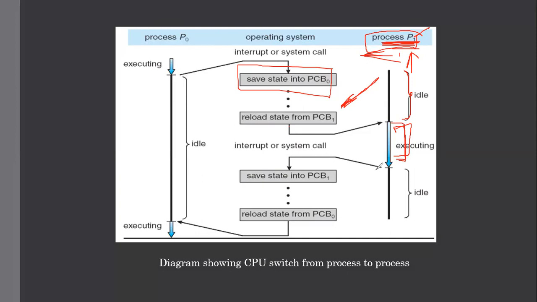Similarly, before switching, you will first save the state into PCB1: the next instruction to be executed, the register state, the list of open files, etc. Then you will reload the state of process 0, so that the CPU knows from what instruction to start executing, what the state of process P0 was, and what the program counter value was. Once it has all this information, it will start executing that process.